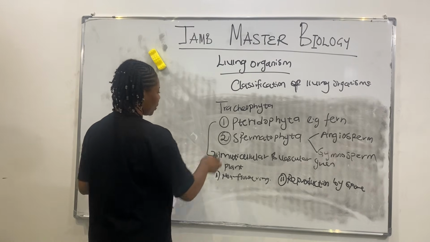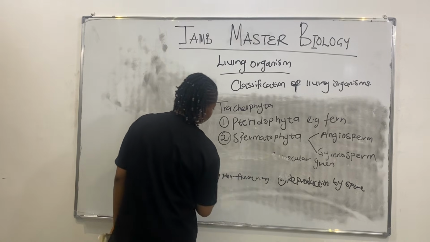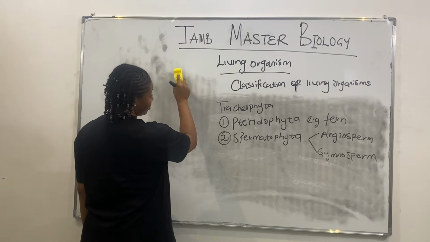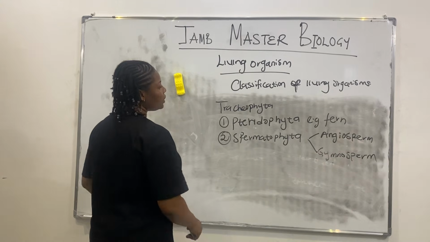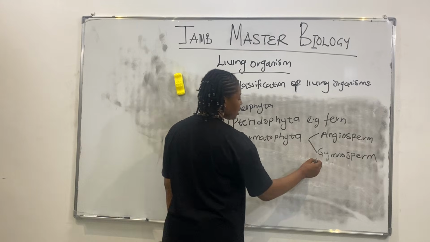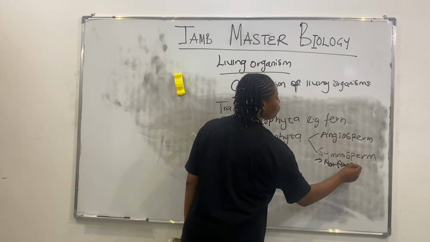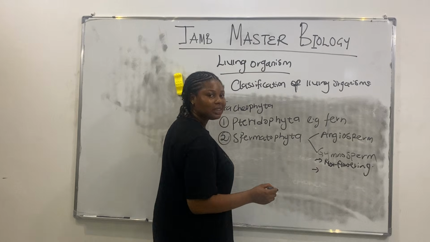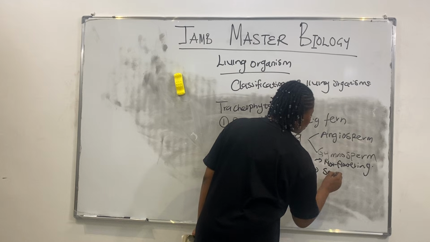So we'll go over to the Spermatophyta. Under Spermatophyta we have what? Angiosperm and what? Gymnosperm. Now, one major difference between angiosperm and gymnosperm is that gymnosperm is a non-flowering vascular plant.